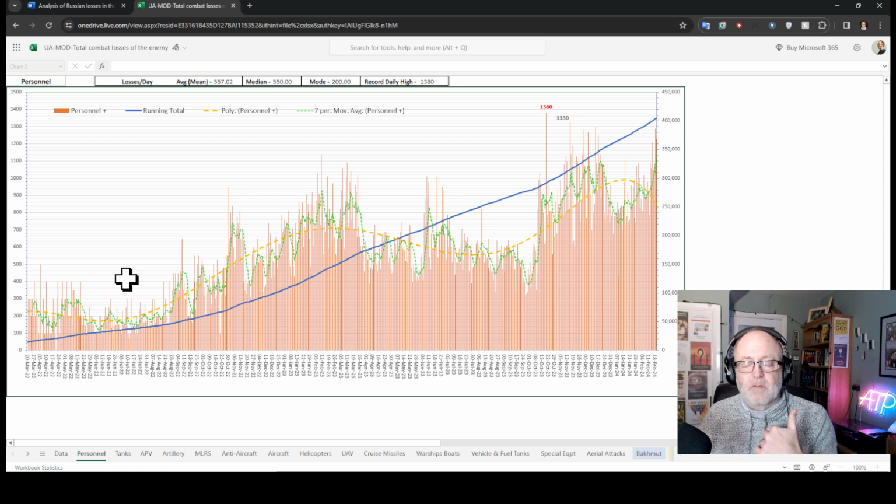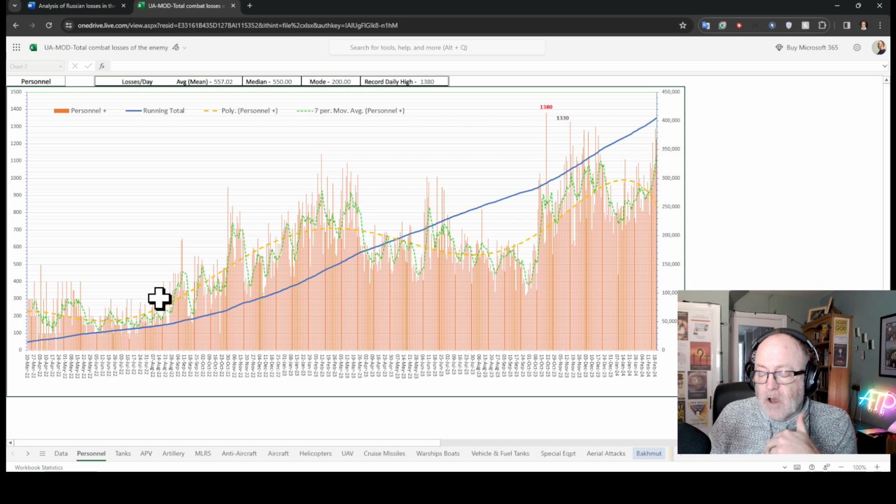I do spend a lot of time trying to justify that they are at least somewhat accurate with all the work I do in my first video of the day. And I do genuinely believe that these are fairly accurate. My biggest concern would be actually in this sheet, the personnel, and how many are dead, how many are wounded, whether it includes wounded. There were so many claims at the beginning that it was entirely dead.